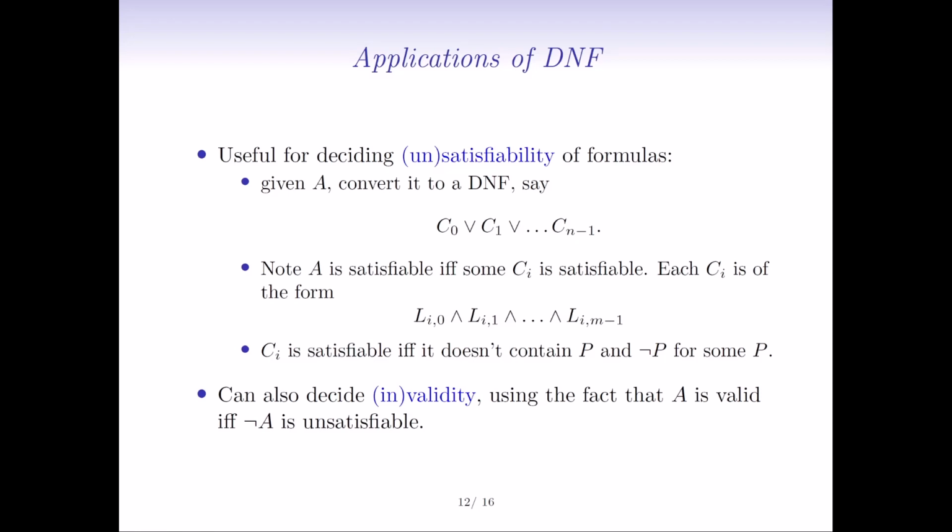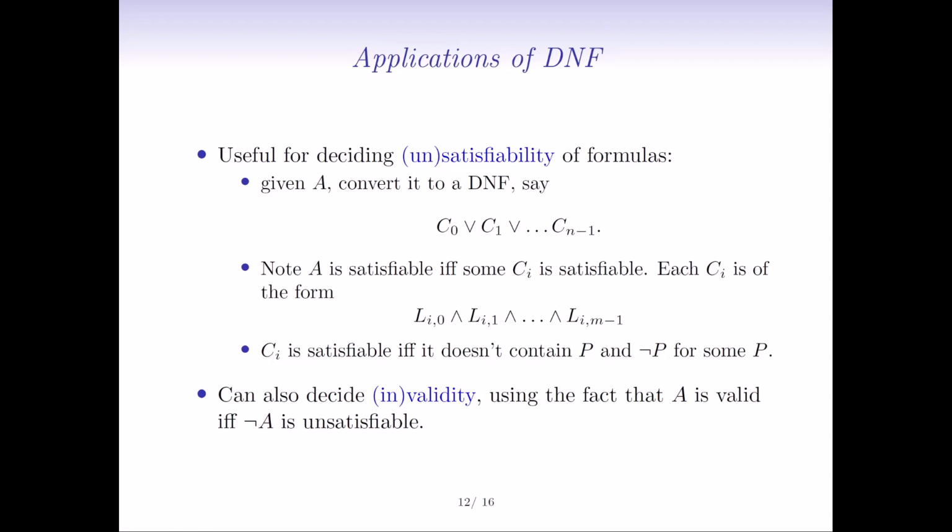So if I want to check that the formula A is valid, first of all, take the formula not A, second, convert not A to a DNF, and then, using the method above, check whether not A is satisfiable or not. If not A is unsatisfiable, then A is valid. And if not A is satisfiable, then A is not valid.